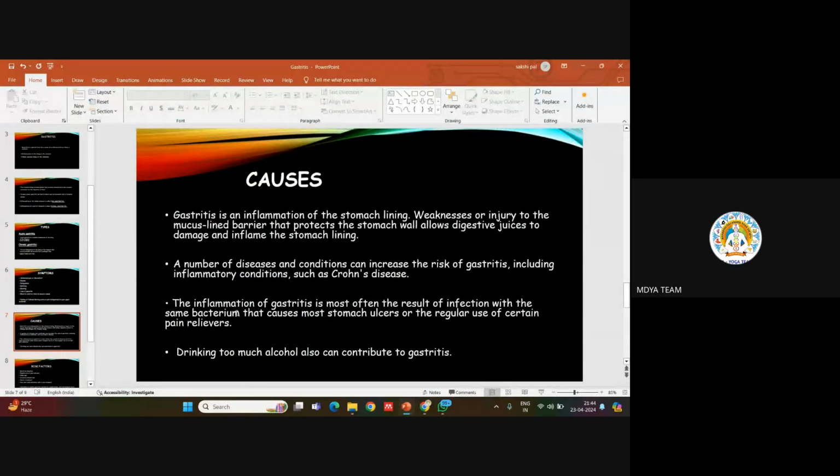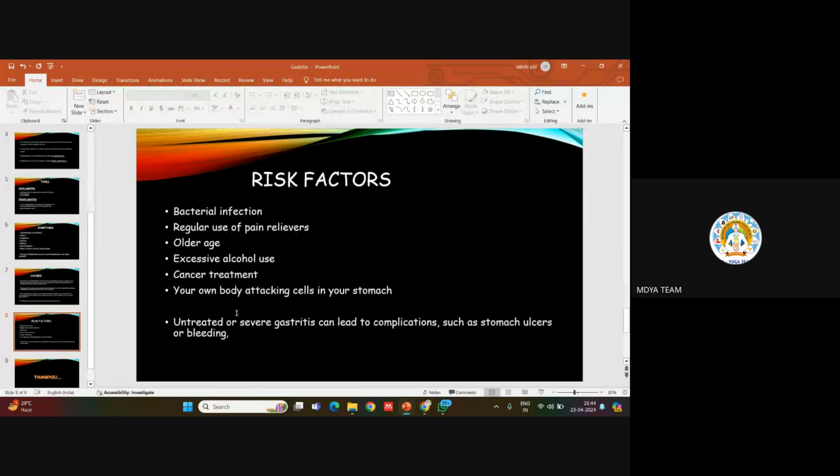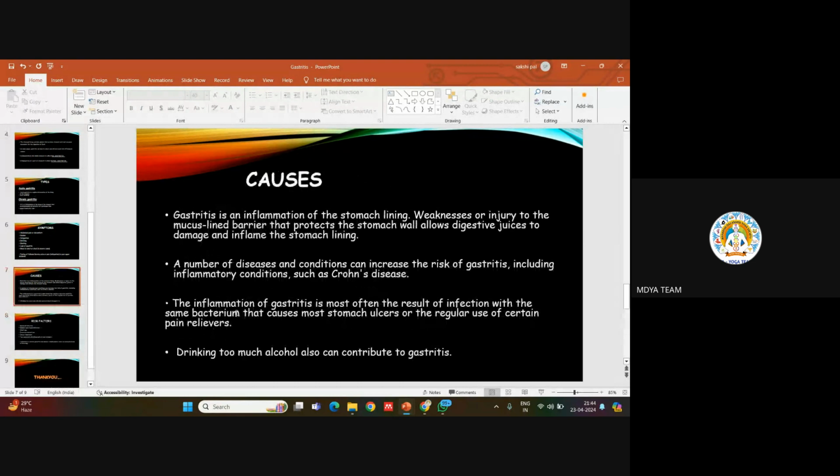Okay, so we have done with this. As we have seen, H. pylori attacks the inner lining of the stomach, which results in inflammation of the stomach lining. What exactly does it do? It makes enzymes.